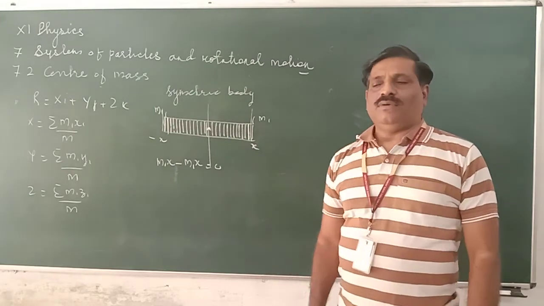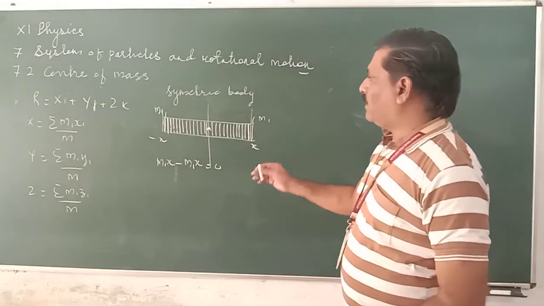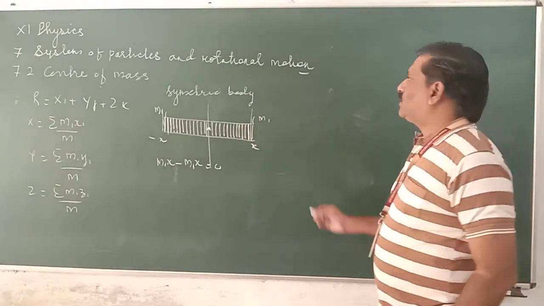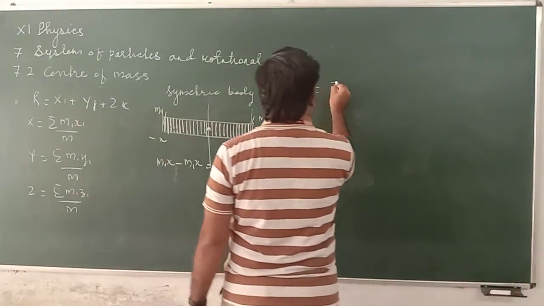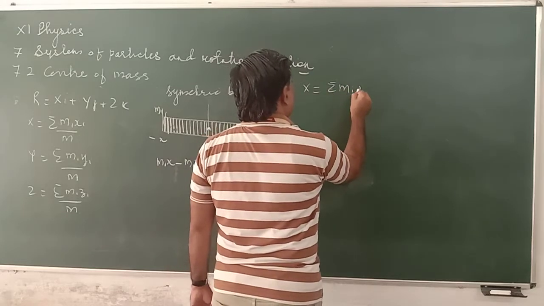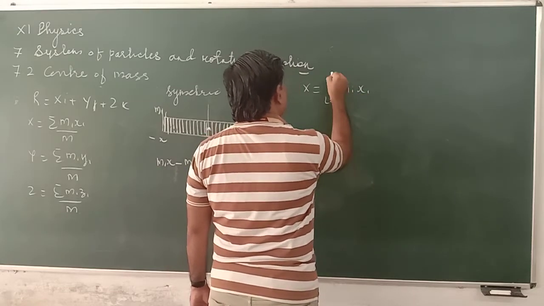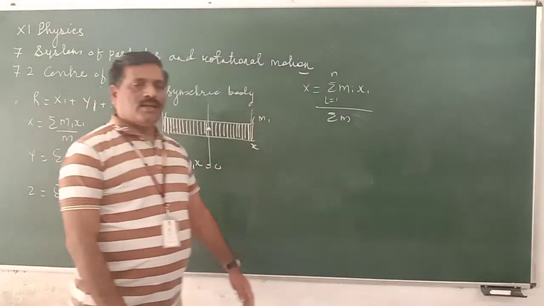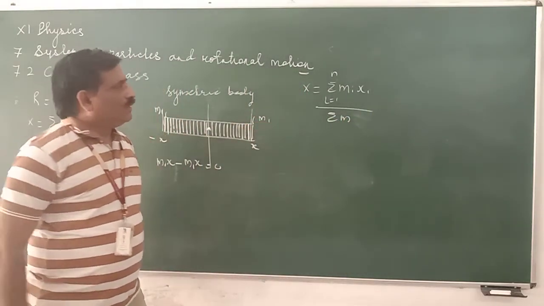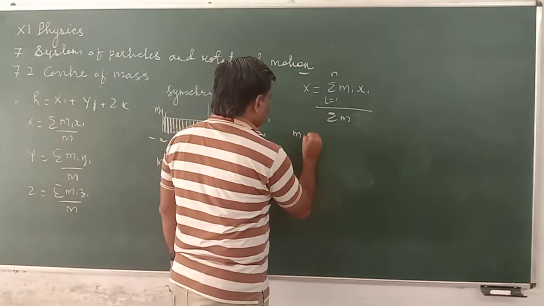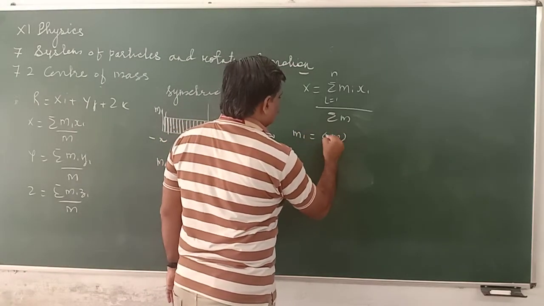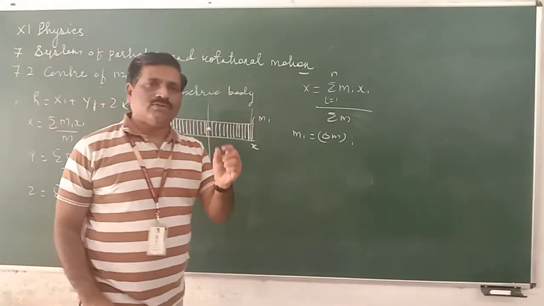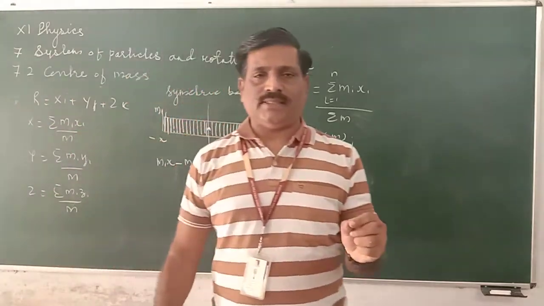Let us see now, when these particles are very close. X is equal to summation mi xi, i goes from 1 to n, divided by summation m. Now this first one, m1, is delta m1. We have divided the object into small elements.